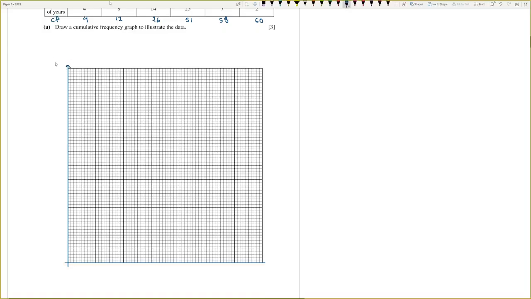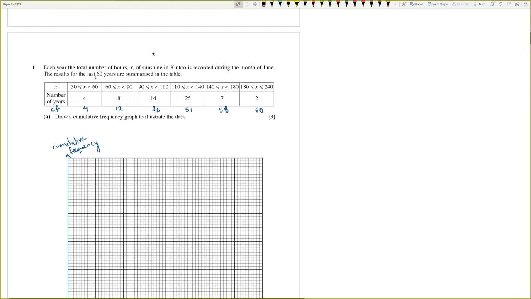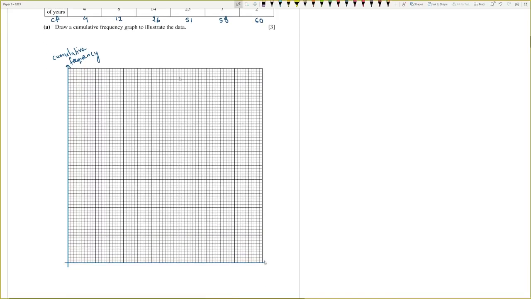So on the y-axis we have cumulative frequency. And on the x-axis we actually have x, the total number of hours of sunshine. Okay. So that's going to be hours of sunshine on the x-axis. So let's begin.